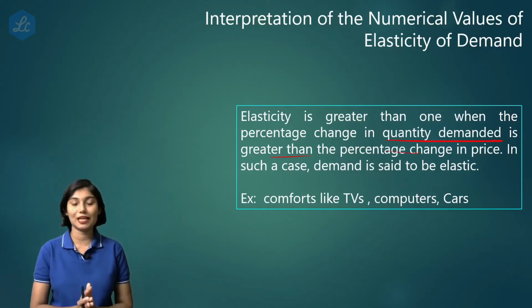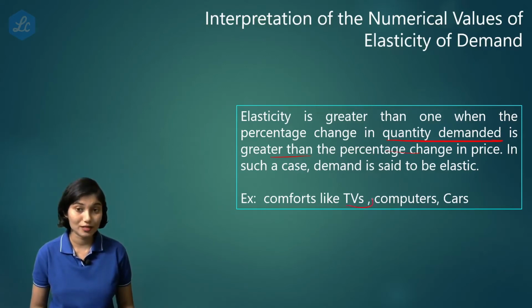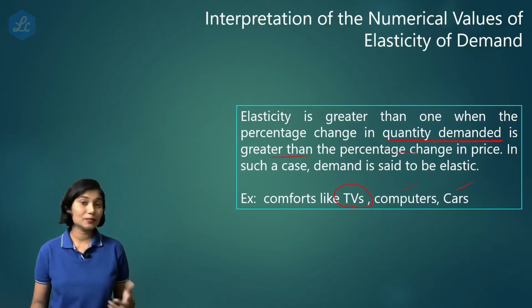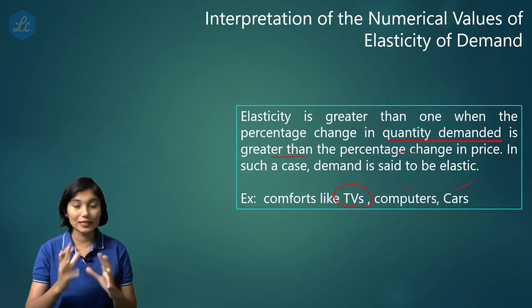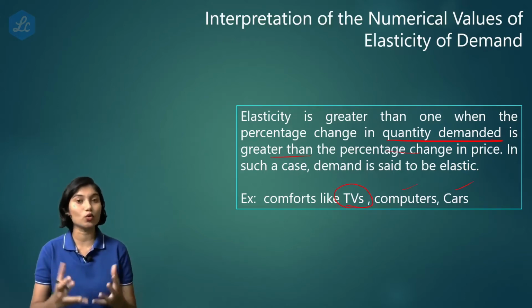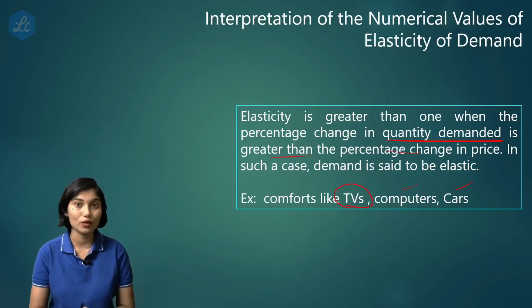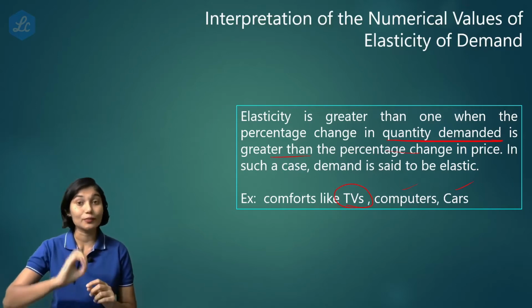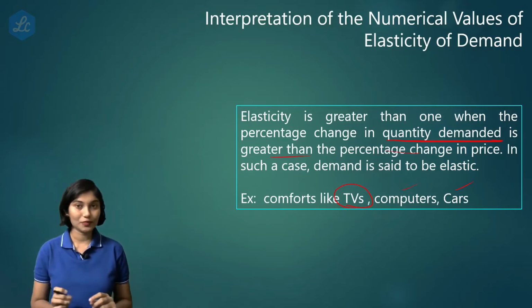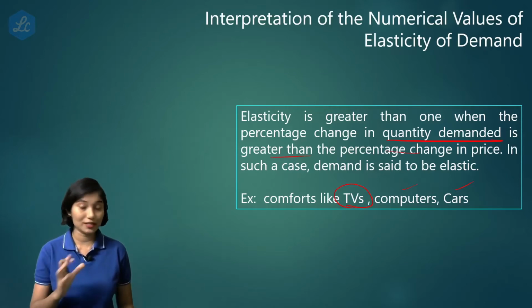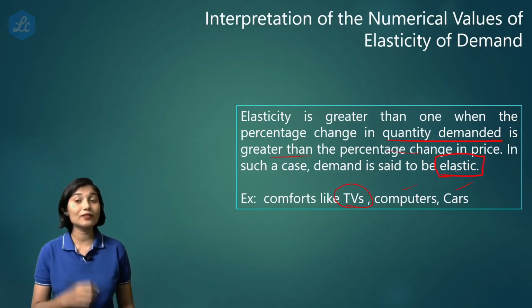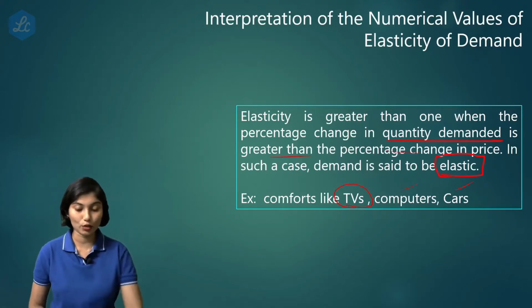This happens in the case of certain comforts, like for example, television, computer, car, these things. The minute the price changes a little, you tend to think that, oh, this particular product has become cheap now, and your quantity demanded may increase. Okay? So in such a case, we call this type of elasticity elastic or relatively elastic demand. Okay?